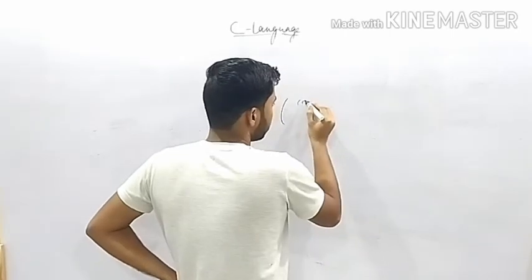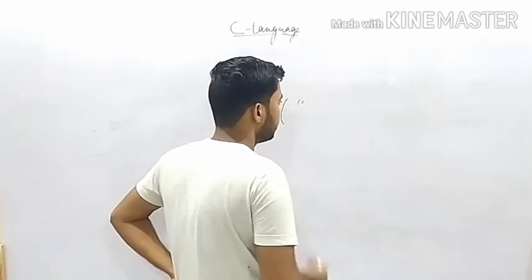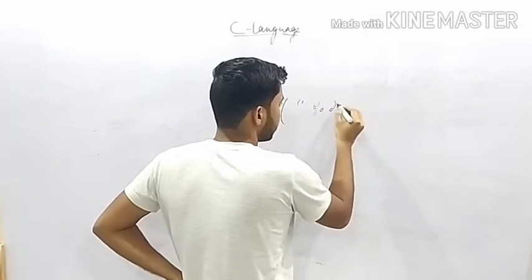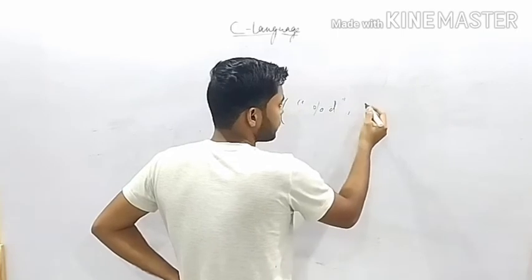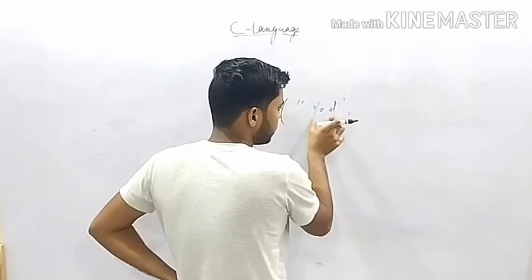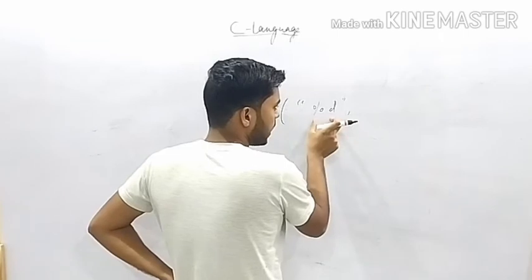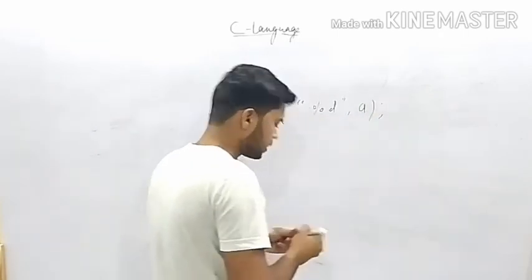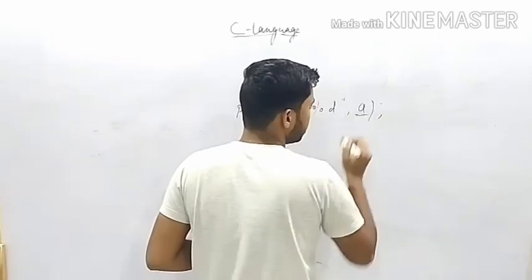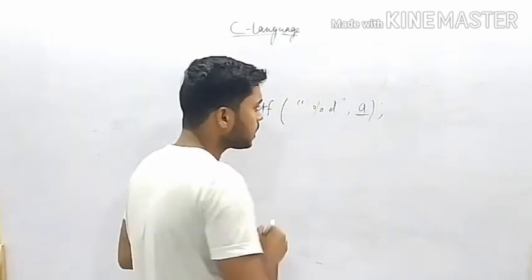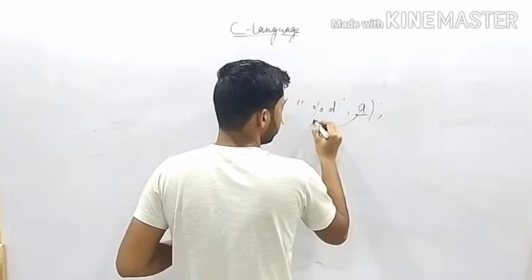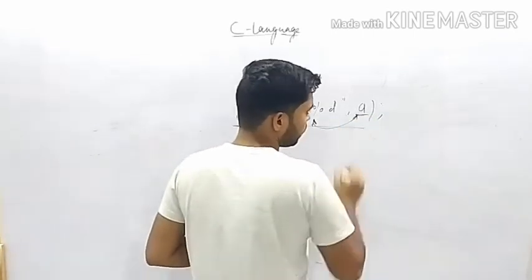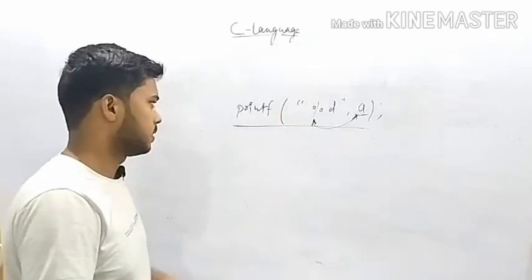If you want to print the value of a variable, for example an integer variable, we will write %d and then specify the name of the variable that we want to print, so that the compiler can understand that we want to print the value of this variable on the screen. So this is the syntax for printing in C language.